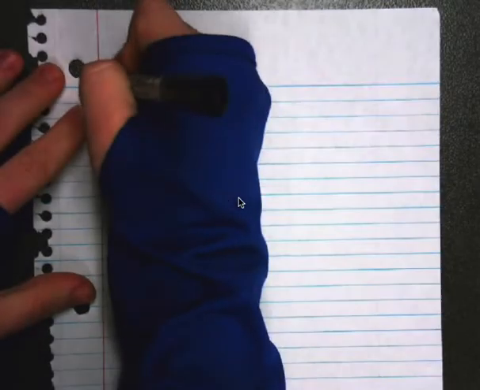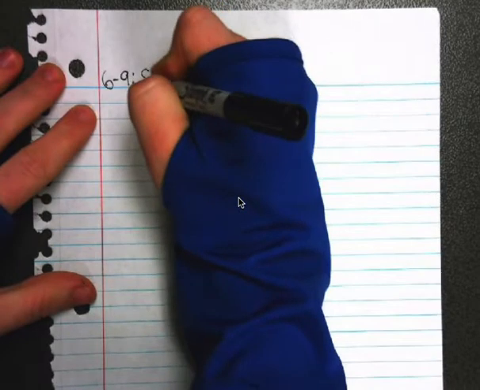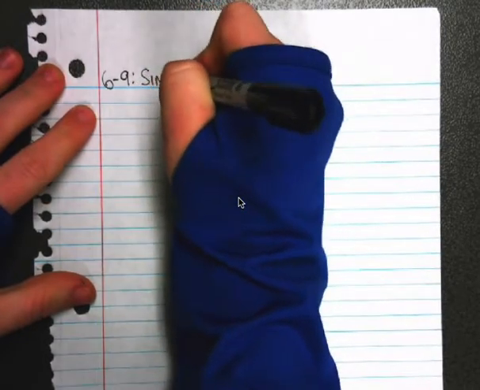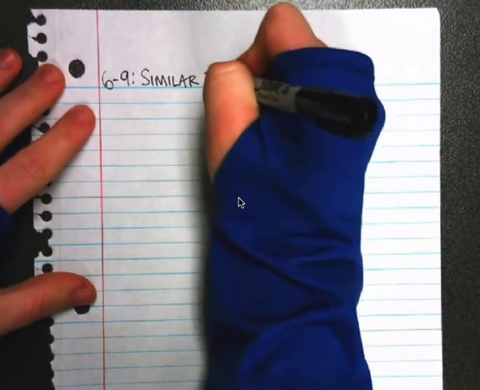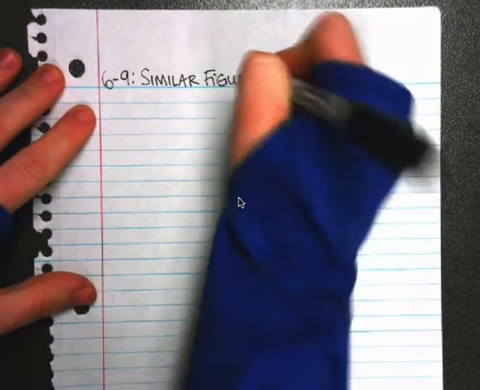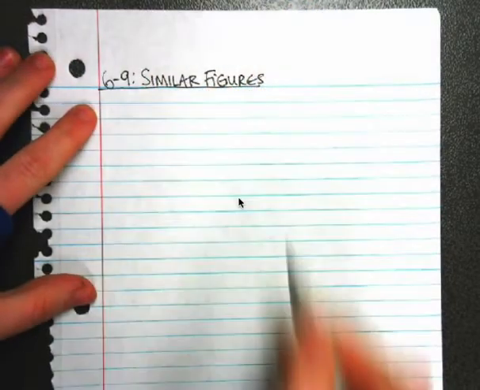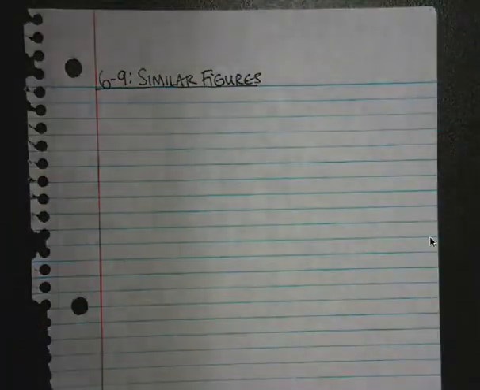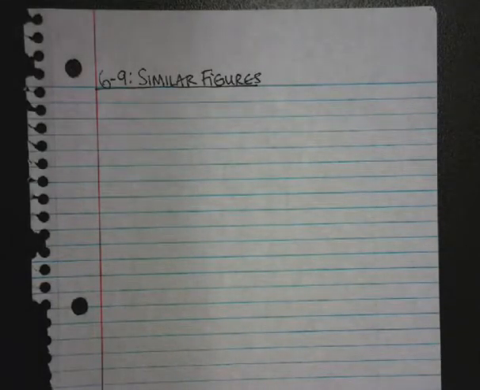The last section that we're going to look at in Chapter 6 is 6-9, and that's called Similar Figures. Similar figures are going to rely heavily on the use of ratios, specifically proportions using ratios.